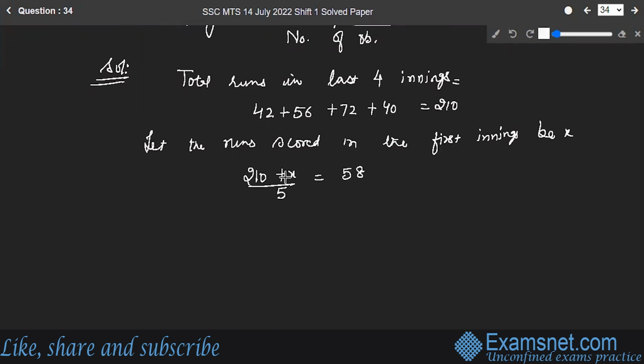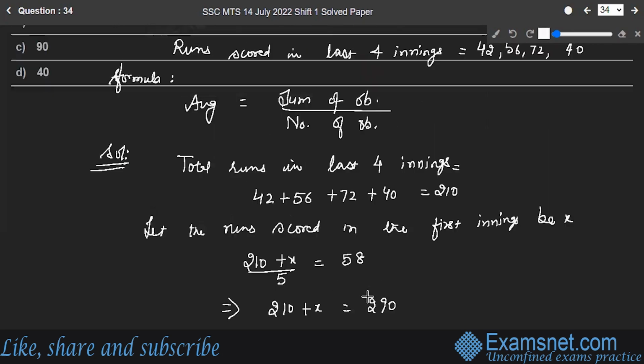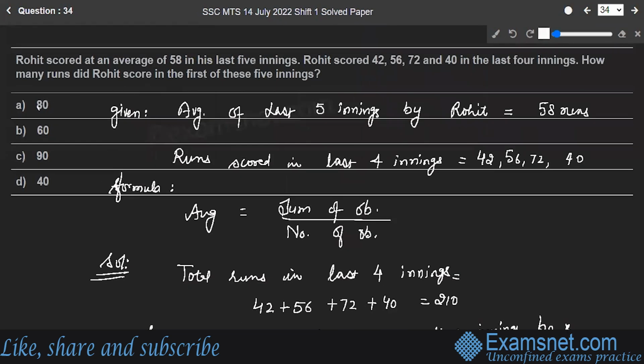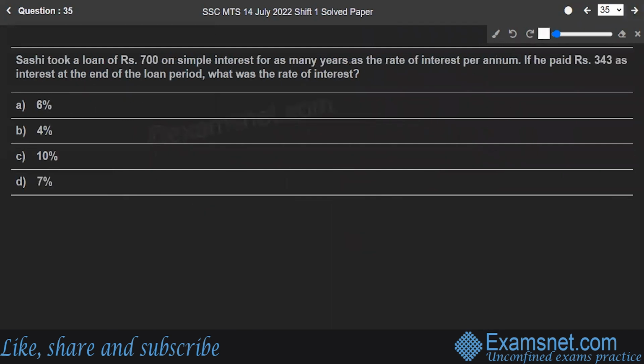Right. So average was given. Now I think it is pretty easy to go. 210 plus x is equal to 58 multiplied by 5. It gives you 290, which gives you x is equal to 80. So the runs scored by Rohit in the first innings is 80. Let's check. Option A is the correct answer to the question. Hope you are clear. Next, question number 35.